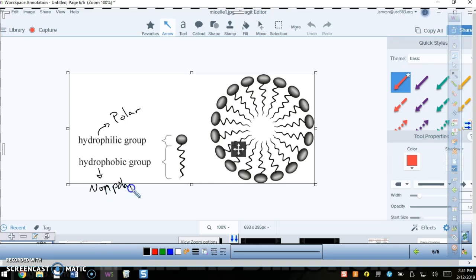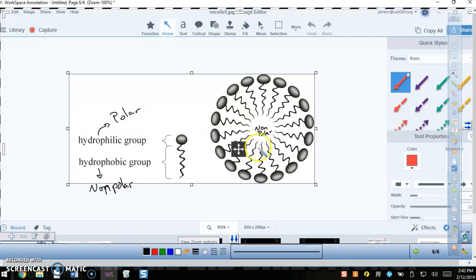Now, what ends up happening is if you have something that is nonpolar, like a fat from gravy or some other thing, that will be surrounded by the part that is nonpolar, because nonpolar objects attract nonpolar things.